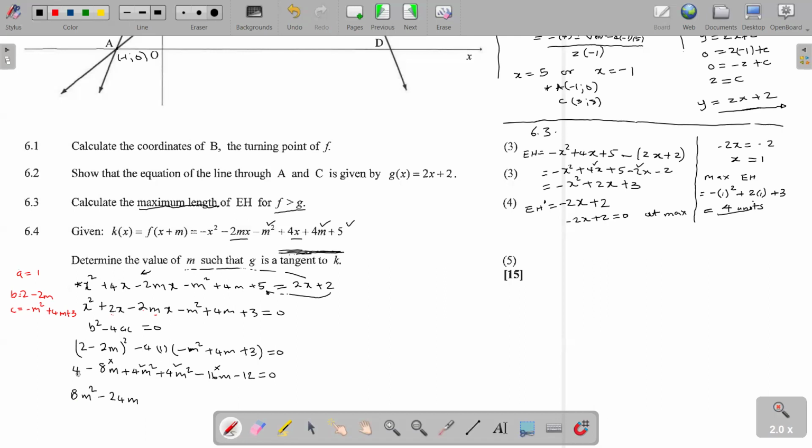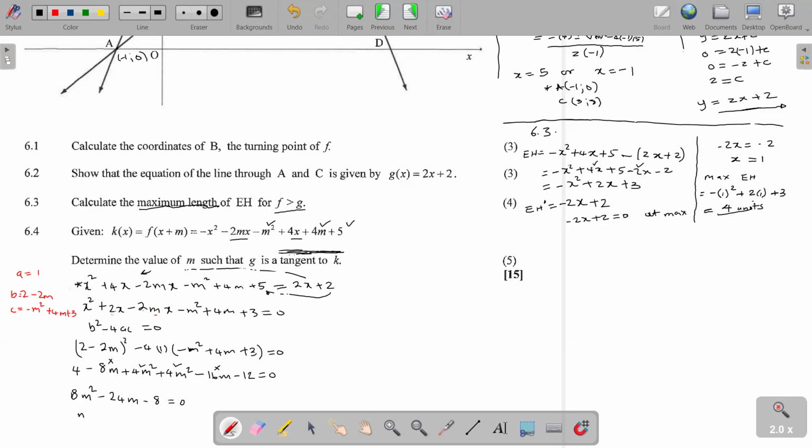Then we have a 4 with a negative 12, which gives us negative 8 must be equal to 0. Simplifying this, we can divide throughout by 8.